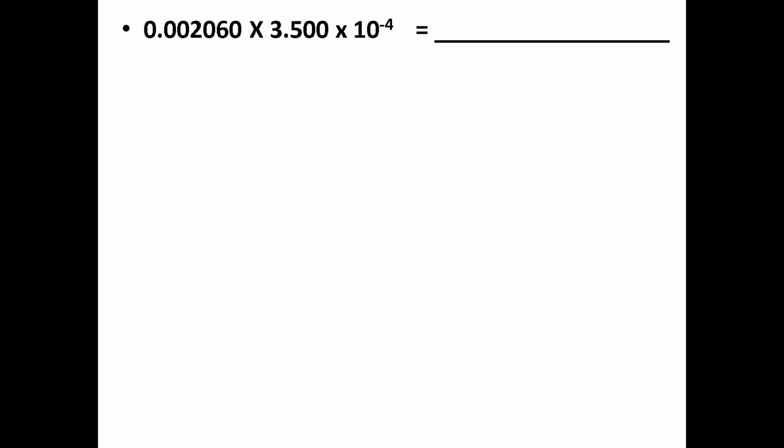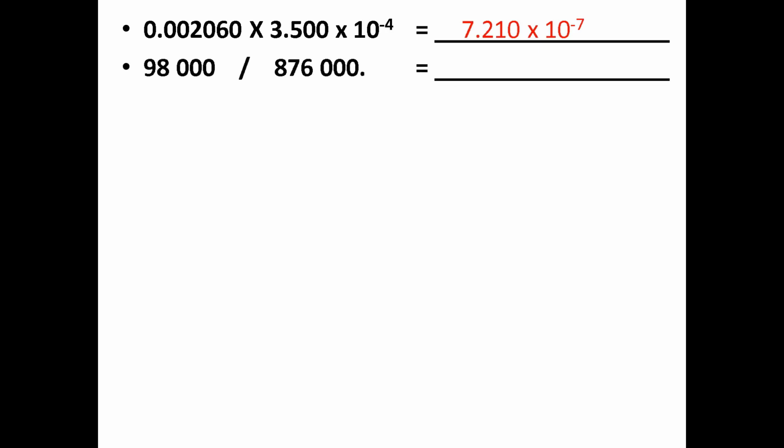Okay, and these are just some practice. Start by counting the significant digits in each number. In the first example, there were 0.002060. There's 4 because the leading zeros don't count.